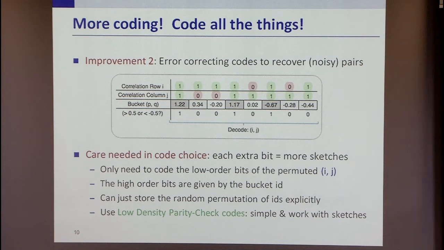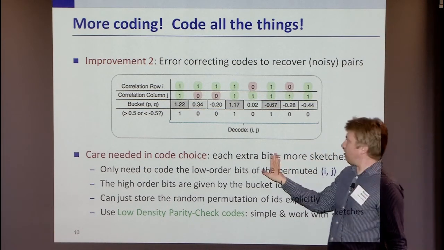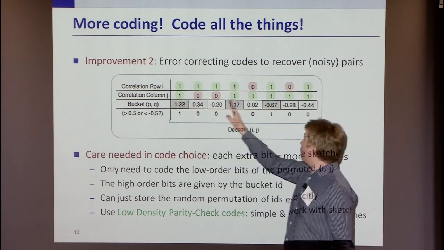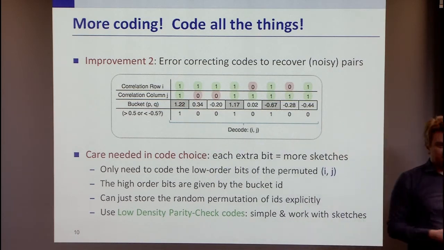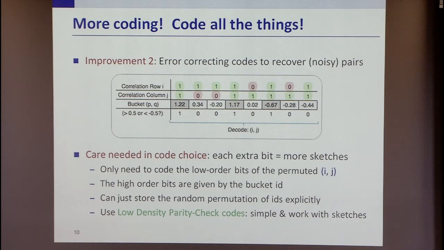You get almost to a few engineering things here, because every bit I add to the code, corresponding to an extra column here, means I've got to do an extra set of sketches for every bucket that I'm materializing. So those bits really add up quickly.